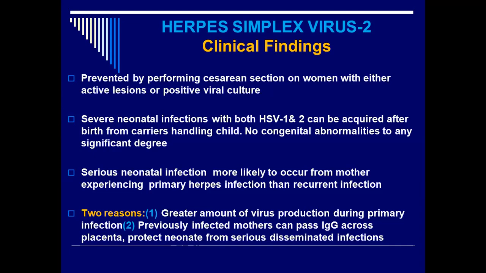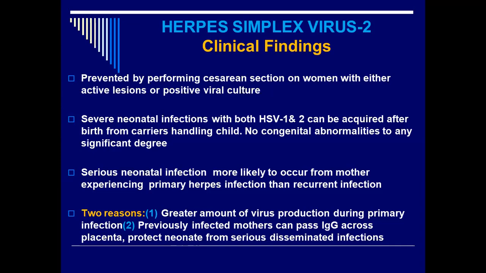Now, severe neonatal infections with both 1 and 2 can be acquired even after birth from carriers handling the child. So even if the baby has been born free from the mother, if the baby is handled by workers who are carriers, it can get the infection again.